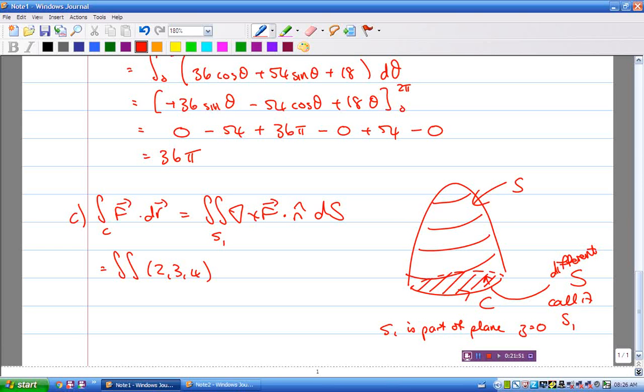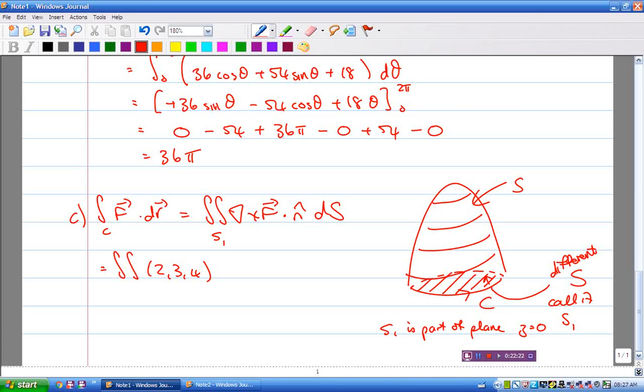So curve C is on the xy plane, and that flat disk enclosed by C is a piece of your z equals 0 plane. We want to maintain the orientation. The orientation is very important. If we're going to choose a new surface, we need to make sure that its orientation is still such that C maintains its correct direction.